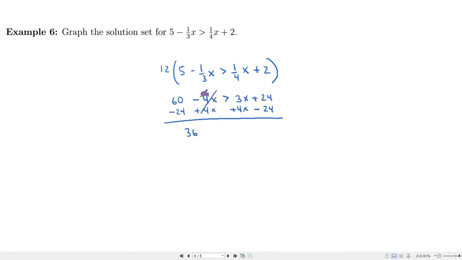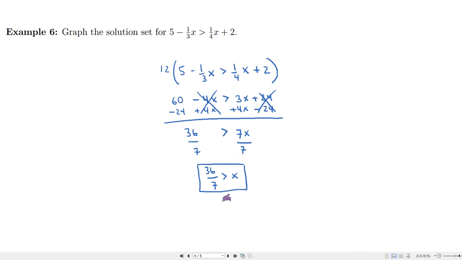And this term is gone. And then we're only doing addition and subtraction, so there's no need to change this. And this will be 7x. And now the 24 is gone. And so at this point, we're going to isolate the x. We're going to divide both sides by 7. And that's our answer, right? So 36 divided by 7 is greater than, strictly greater than, x.